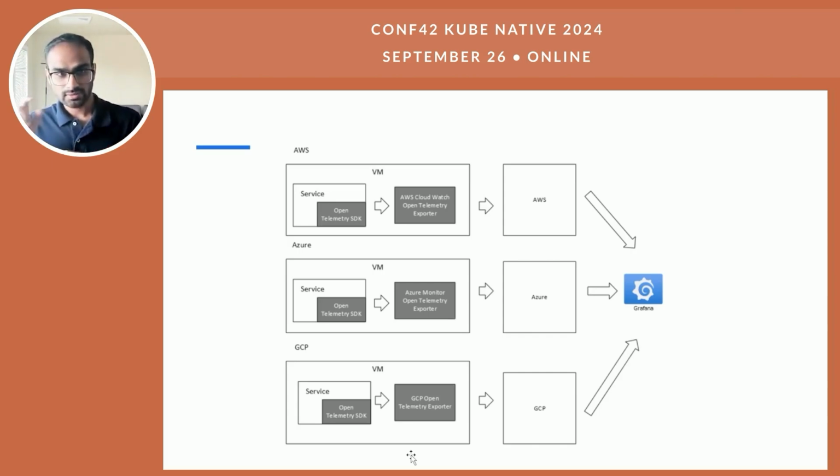This is where we can use Grafana to export all the metrics data from different providers to Grafana, so that we can offer developers a unified experience while debugging through the dashboards. So this is how we can simplify the whole observability stack for our service and make the experience seamless for our developers.